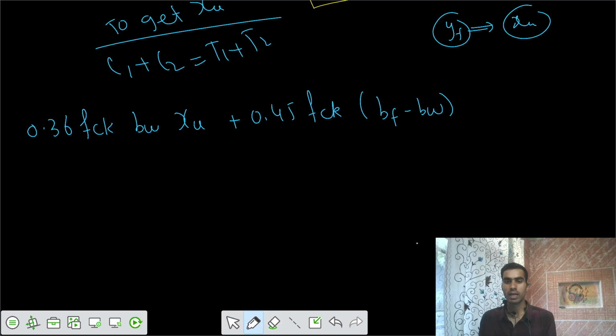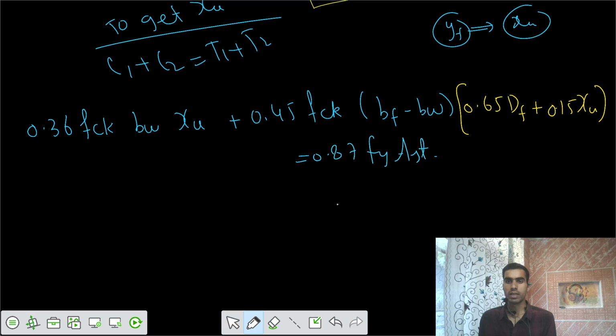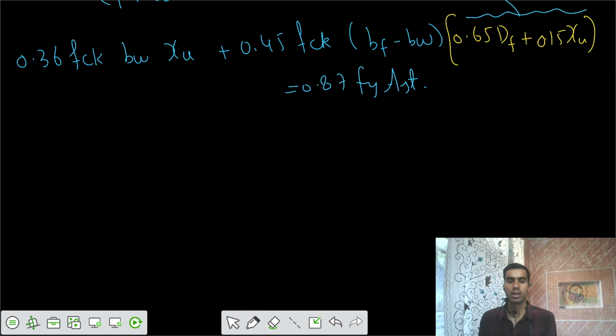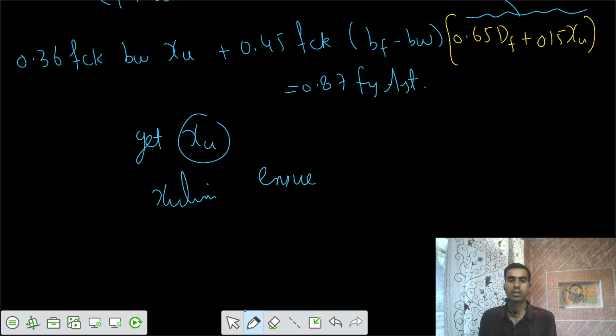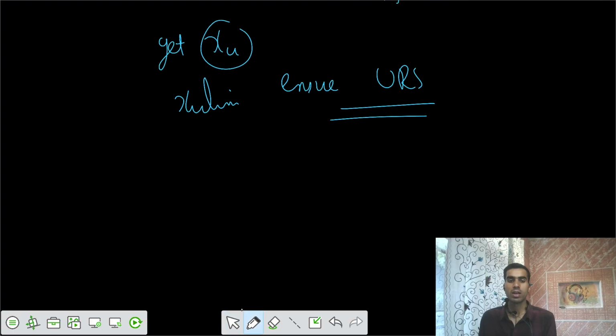So let's write that 0.65 DF plus 0.15 XU, and that equals 0.87 Fy times the total area of the steel AST. From this one get the location of neutral axis, then compare with the limiting, ensure that the section is an under-reinforced section. After that, calculate the moment of resistance.